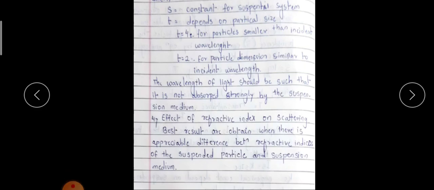This is the 5 marks question. Majority of the time it comes in the exam. You have to explain 4 factors. One is the effect of the concentration on the scattering, then the effect of the particle size on the scattering, third the wavelength of the light on the scattering, and fourth the effect of the refractive index on the scattering.